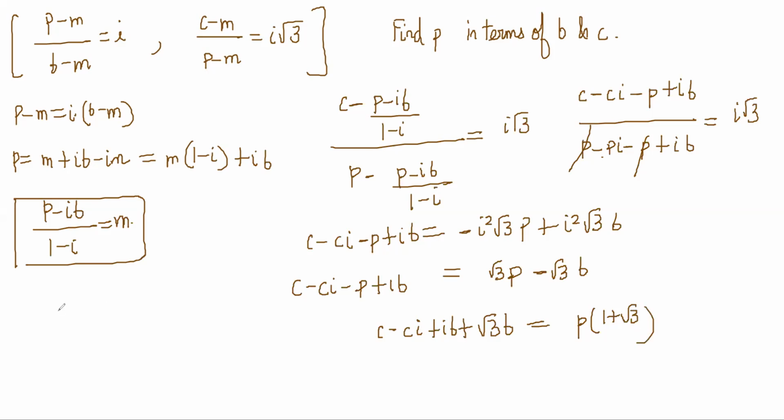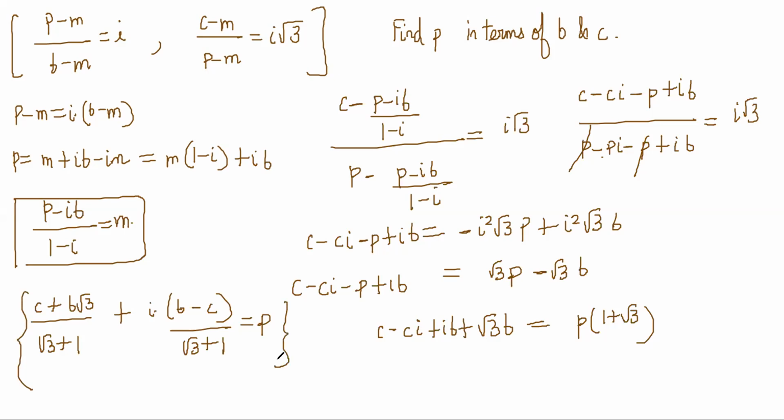So I can write now (C plus √3B) by (√3 plus 1) plus i (B minus C) by (√3 plus 1) is equal to P. Correct? Makes sense. I have found my P point in terms of B and C. So think about the diagram. The diagram was like this, no?